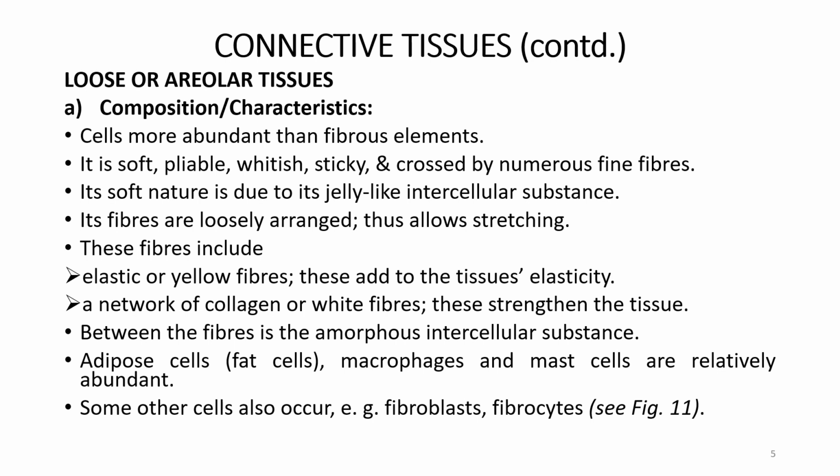The fibers are loosely arranged, and this gives room for stretch. The fibers include 1. Elastic or yellow fibers. This adds to the tissues being elastic, and then a network of collagen or white fibers which help to strengthen the tissue.